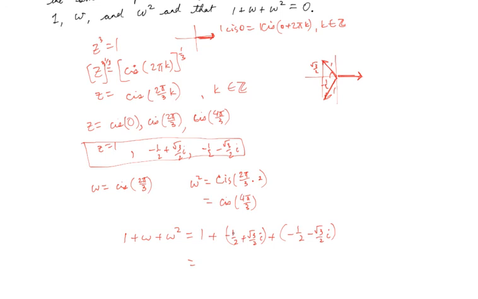And now if I add these, well, that's minus 1 half minus 1 half plus 1, that's 0. Okay, and if I add up the imaginary parts, I get this plus this, which is also 0, so that is just 0. Okay.